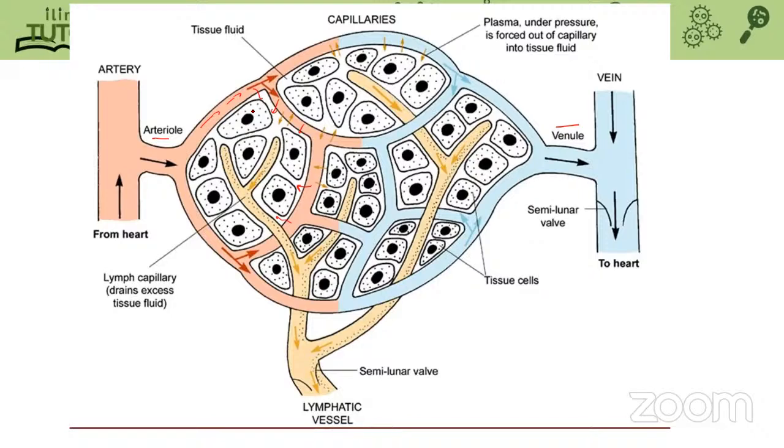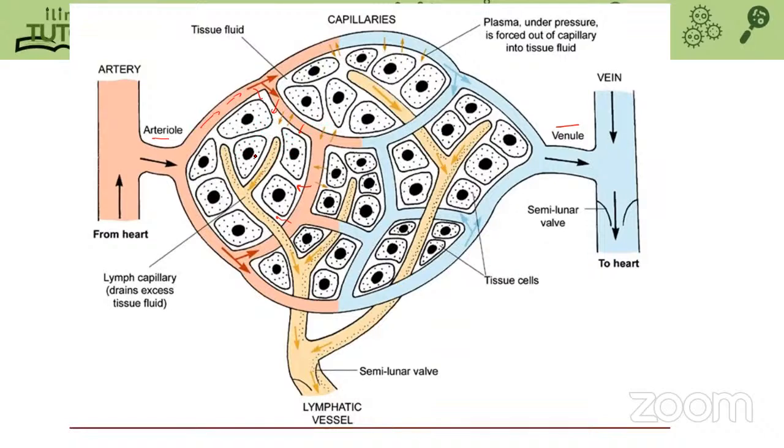But that doesn't happen because the force of the hydrostatic pressure is greater than the effect of the water gradient. As such, rather than water moving into the blood by osmosis, the contents of this plasma is forced into the tissue space, forming tissue fluid, like I said, under high hydrostatic pressure.